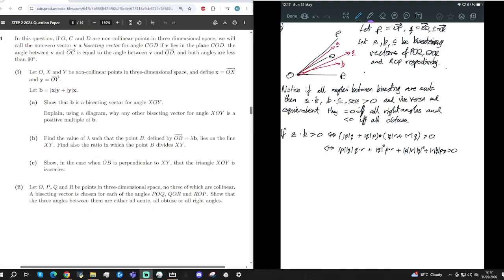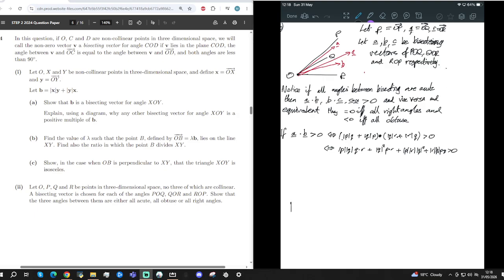How can I attack this? I could throw in a load of angles. I could change my Q dot R into mod Q mod R cos of the angle between Q and R. That feels like it's going to be way too messy.